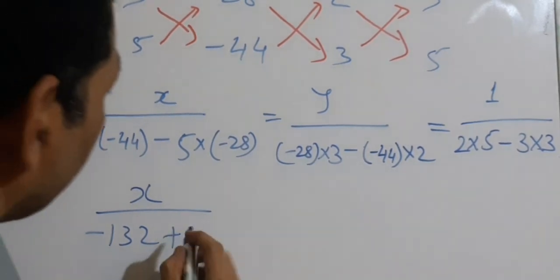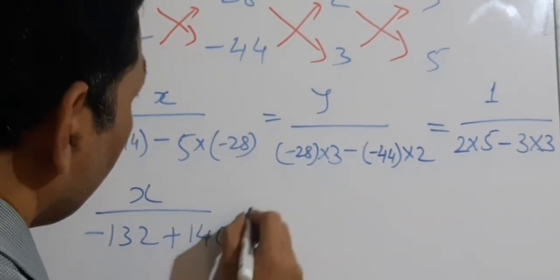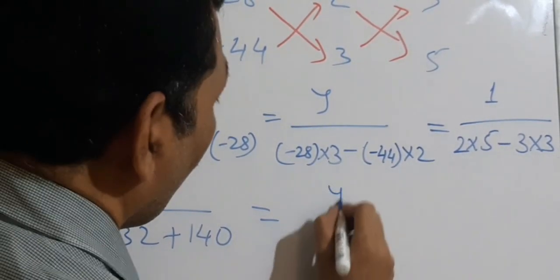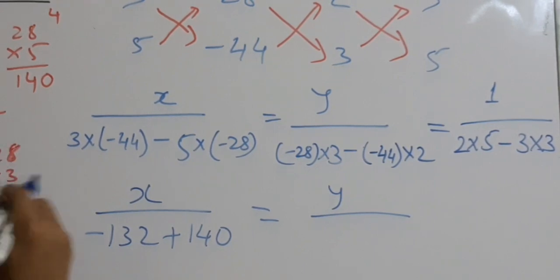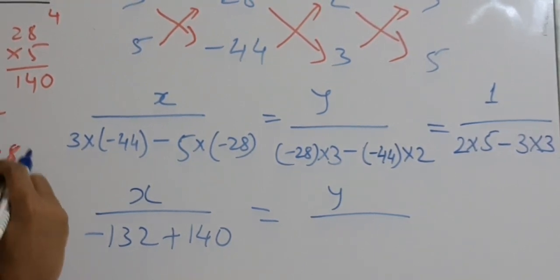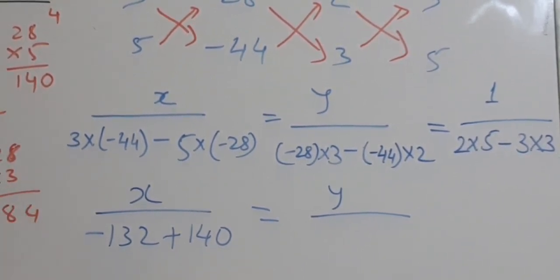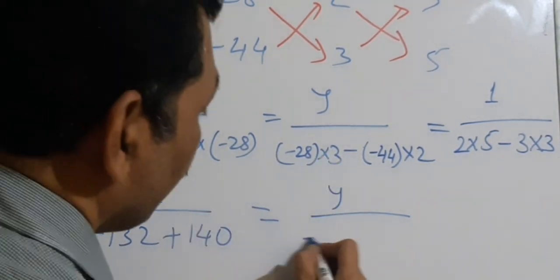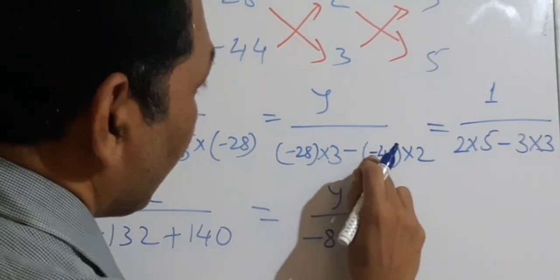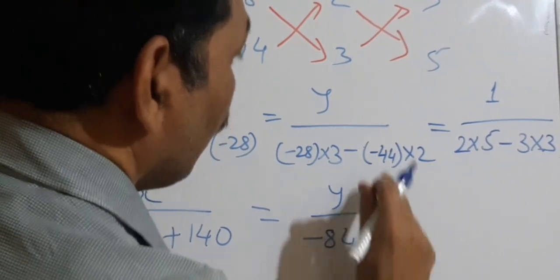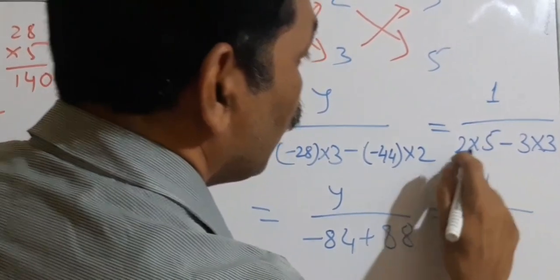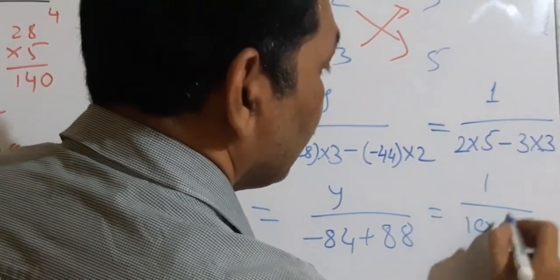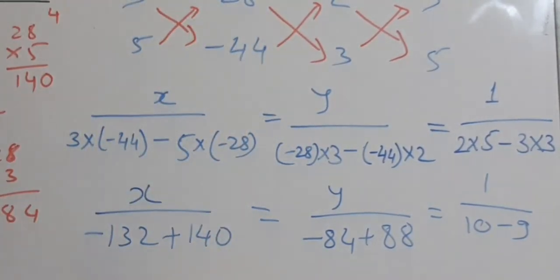So plus 140 is equal to y upon 28 into 3. 3 8s are 24, 2, 3 2s are 6, 7, 84. So here minus into plus will give you minus 84. Here minus multiplied by minus is plus. 44 into 2 is 88, which is equal to 1 upon 2 5s are 10, 3 3s are 9.